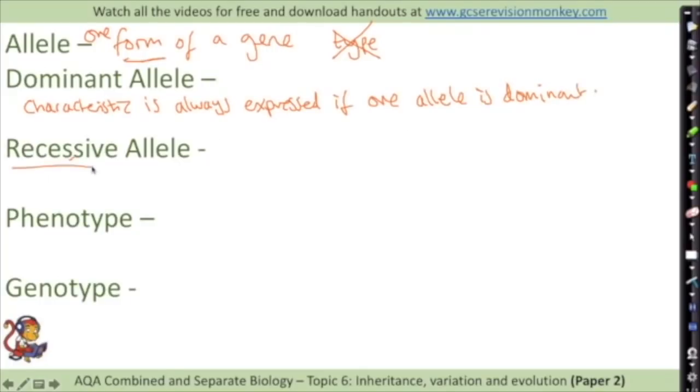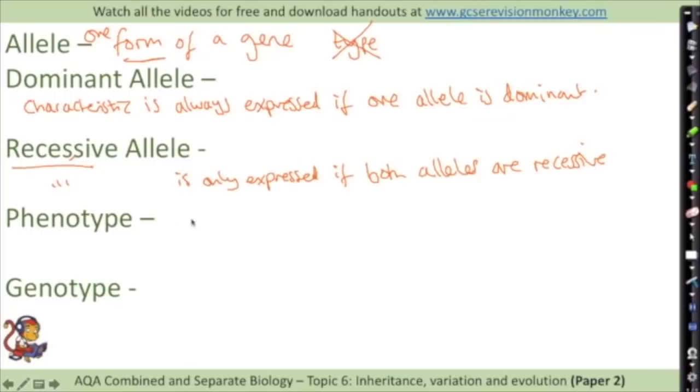Whereas for a recessive allele, the characteristic is only expressed if both alleles are recessive. So what that means is to express something that is recessive, you have to have a recessive allele from both your mother and your father to have the chance of expressing that particular characteristic.